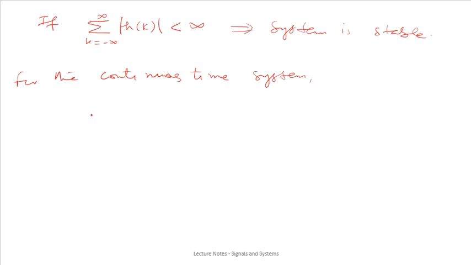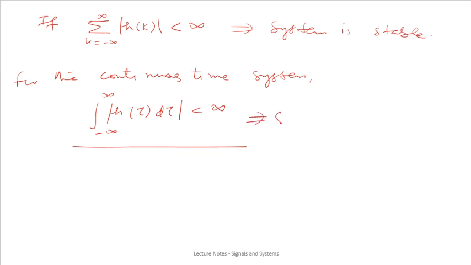That means the integral from minus infinity to infinity of the magnitude of h(tau) d tau should be less than infinity. So if this condition holds, then the system is stable. Okay, so this is for the continuous time case and this is for the discrete time case.